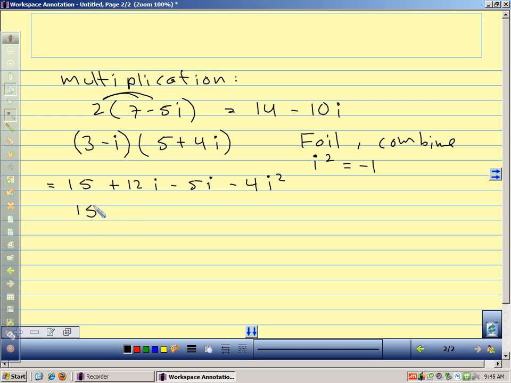I get 15 plus 7i, and 4i squared is negative 1, so I can write this as minus 4 times negative 1. So finally I get 15 plus 7i plus 4, or 19 plus 7i. So when we're multiplying, we FOIL, and we remember that i squared is negative 1.